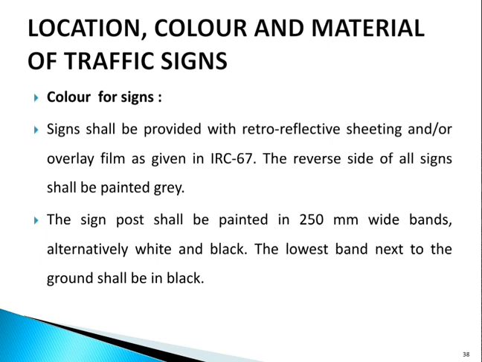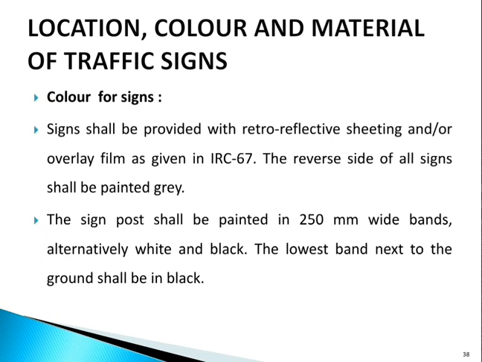The second one is color for signs. Signs shall be provided with retro-reflective sheeting and/or overlay film as given in IRC 67. The reverse side of all signs shall be painted grey.